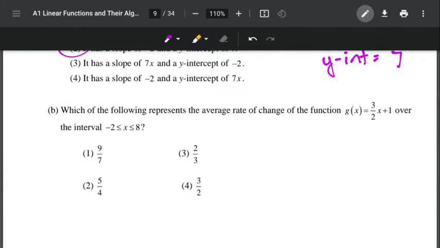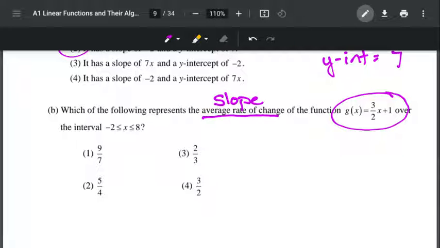Part B. I love this question because it looks so complicated, but it's not. It says, which of the following represents the average rate of change of the function g of x equals 3 over 2x plus 1 over the interval where x is between negative 2 and 8. Don't make this harder than it needs to be. We know from our last unit, average rate of change means slope.